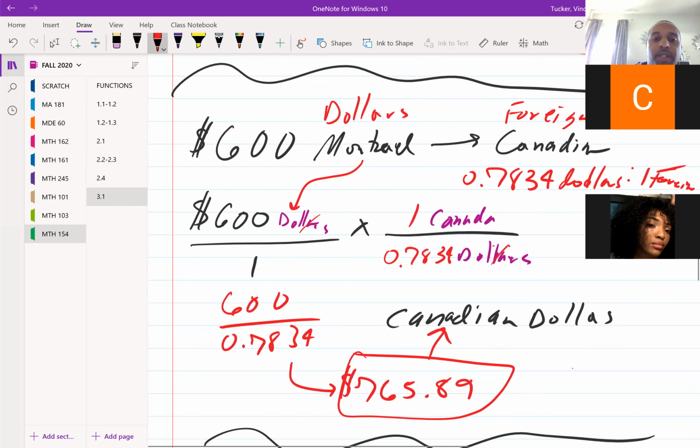That puts me in a position to divide 600 by 0.7834. Once you do that, you see that you have $765.89 of Canadian dollars.